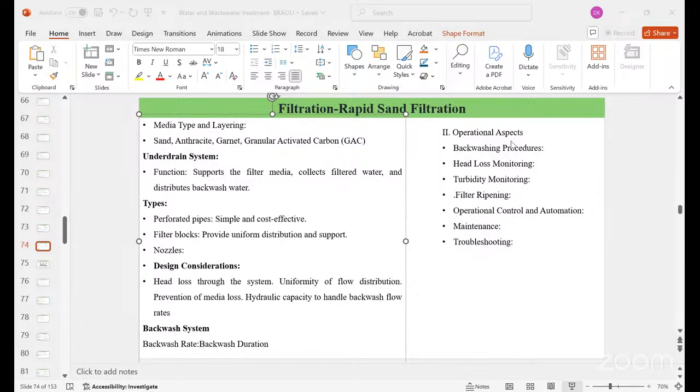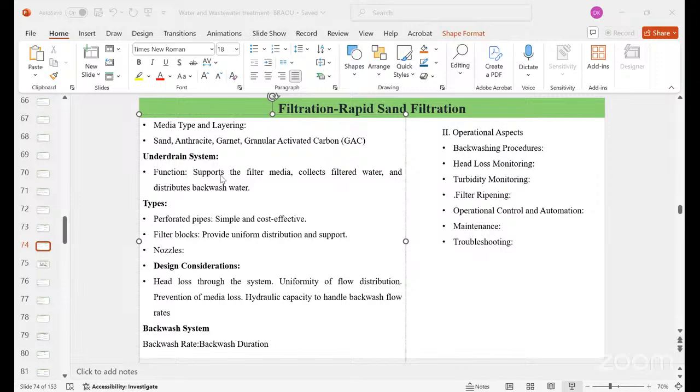There is the storage of water, through which the water is pumped, pumped through the filter media. This is the backwashing. So this is the backwash process, where the water flows in reverse mode.